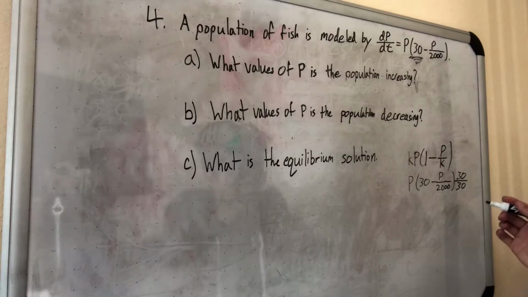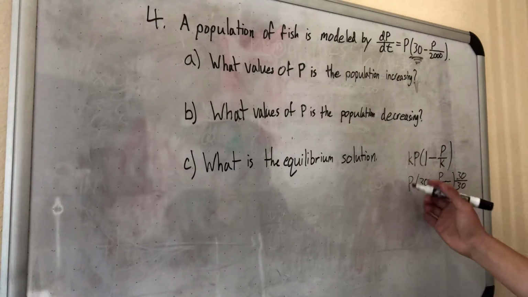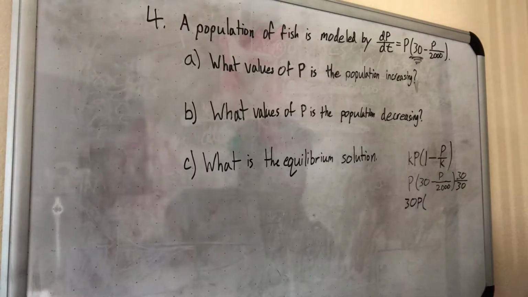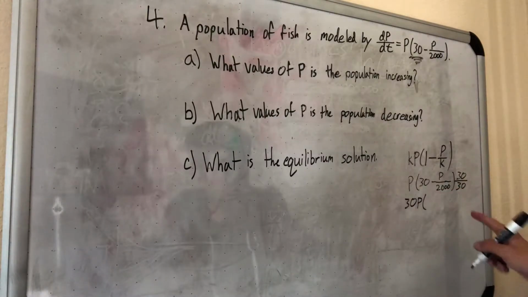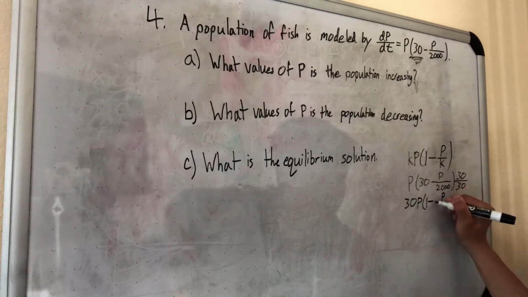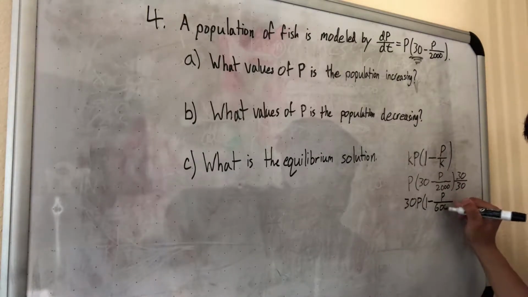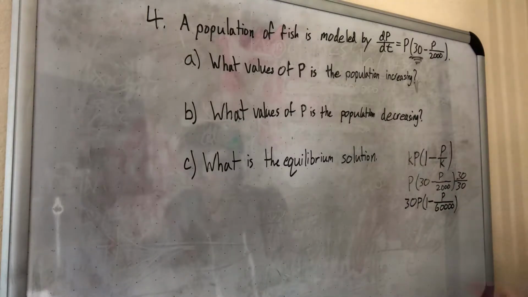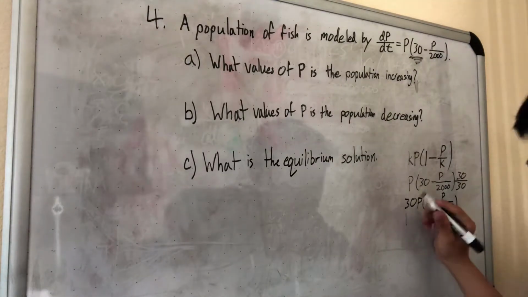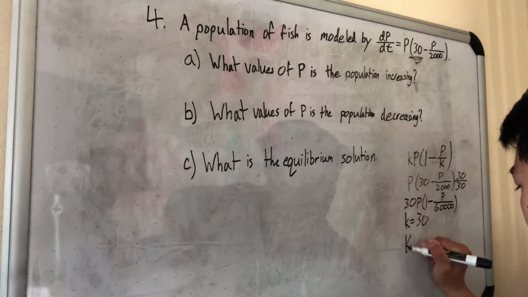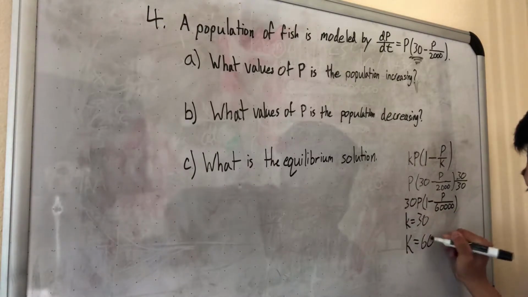And what happens is you would distribute the 30 over here, so 30P multiplied by 1 over 30, which is right here. So you would get 1 minus P over 60,000. And now you have this format with little k equals 30 and big K equals 60,000.